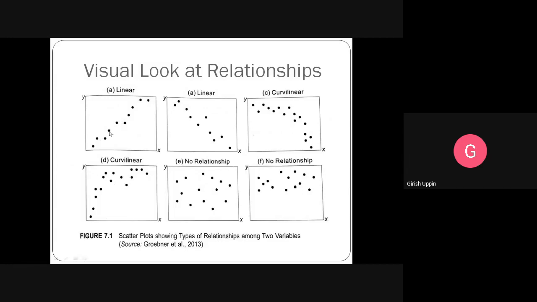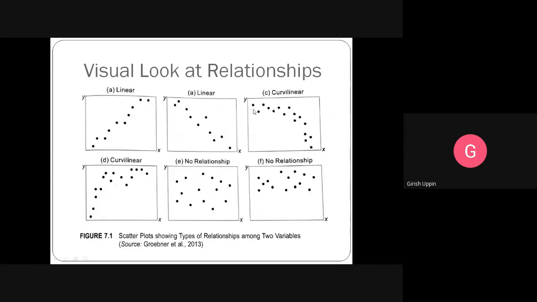And this is again a linear relationship, but here it is the opposite: as one decreases, the other one also decreases. This is a curvilinear relationship. Maybe the best fitting line would be something like this, which goes through most of the points.